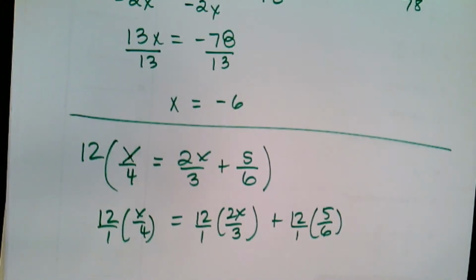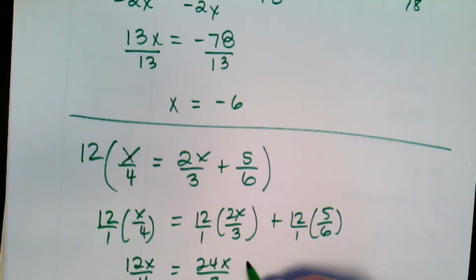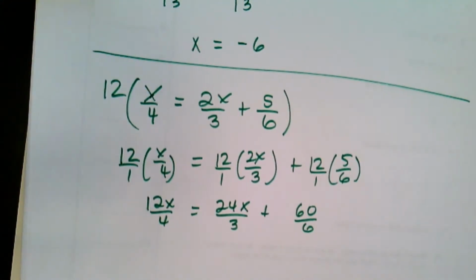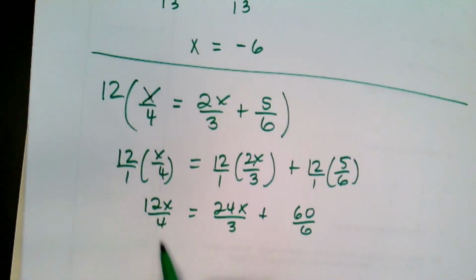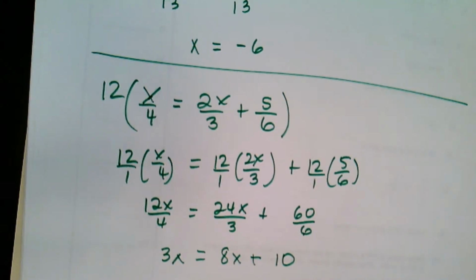And if you're not good at cross canceling, just multiply across. Like so. And then you can simplify each term. 4 into 12, 3 into 8, 24, 6 into 60. So if you're not good at cross canceling, not a big deal.